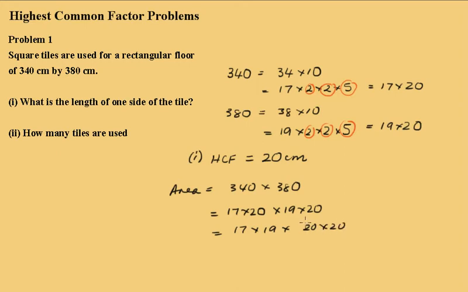And there's the tile, the area of one tile, 20 by 20. And 17 times 19 is 323 times 20 by 20. So there must have been 323 tiles, each side 20 by 20.